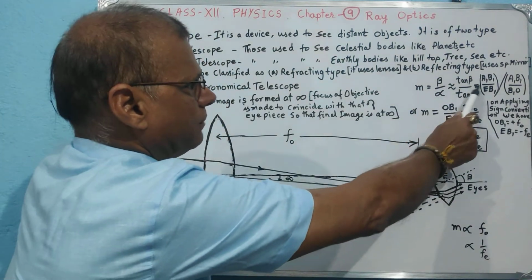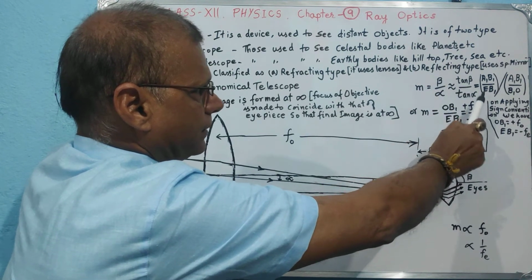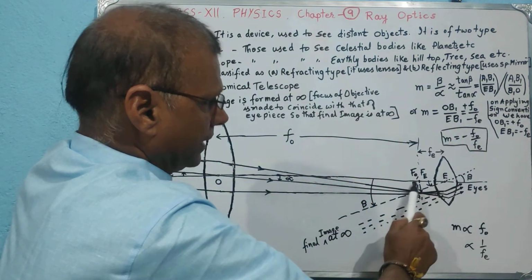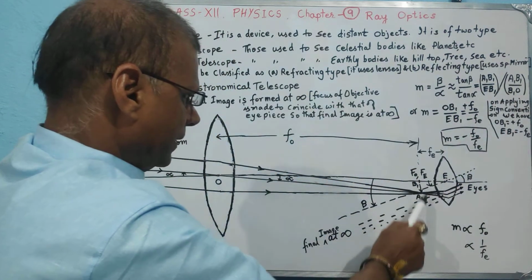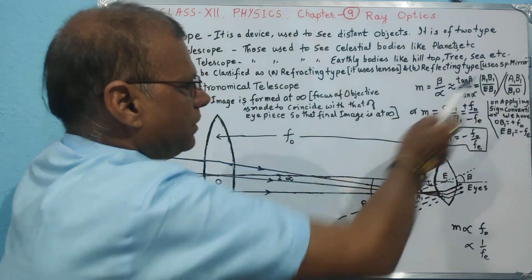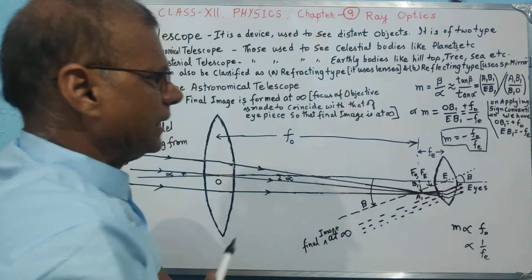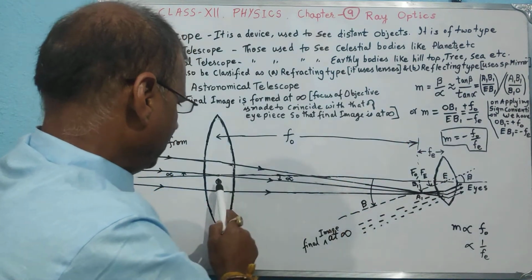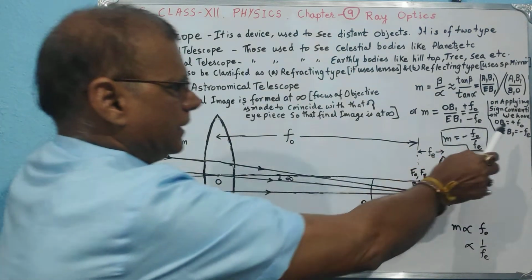And so beta by alpha is nearly equal to tan beta by tan alpha, equal to A1B1 by EB1 divided by tan alpha, and tan alpha is A1B1 divided by OB1, so A1B1 cancels out and it becomes OB1 by EB1. Now if we apply the sign convention, OB1 is nothing but the focal length of the objective, and that is positive.